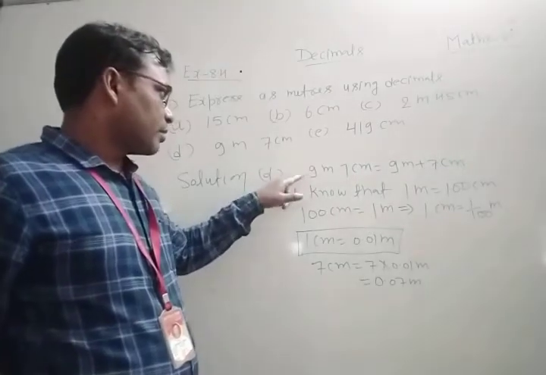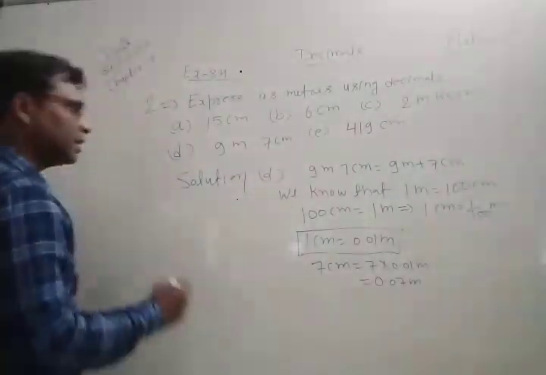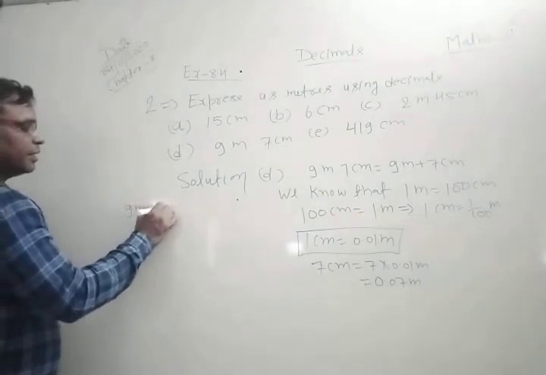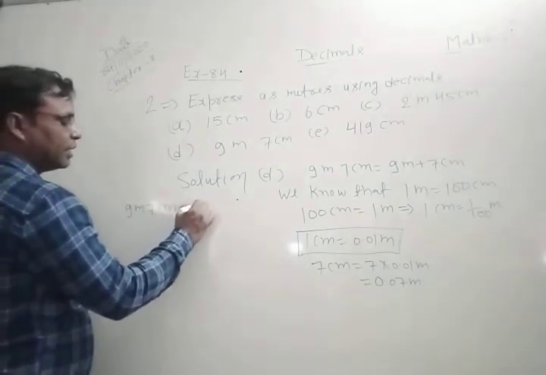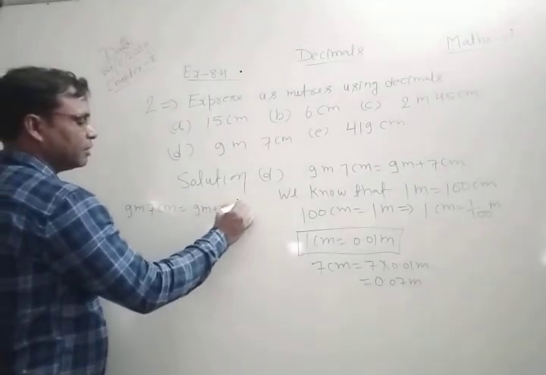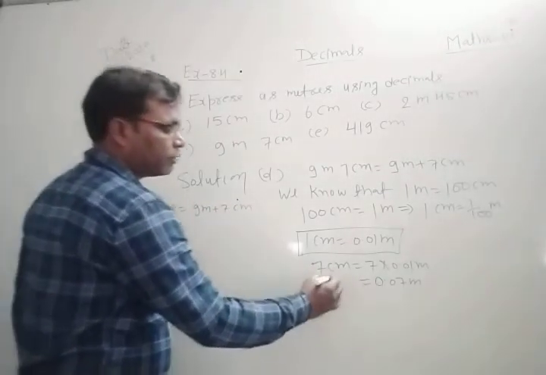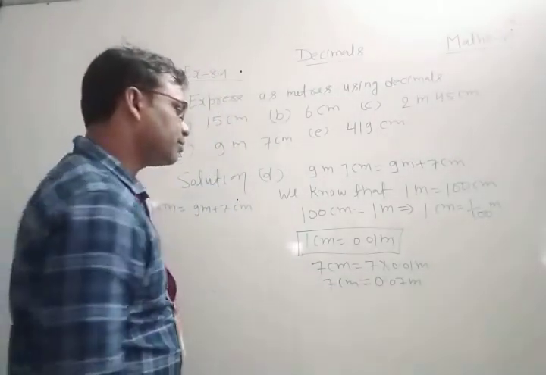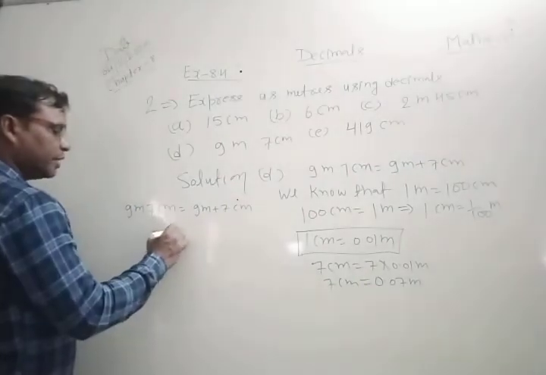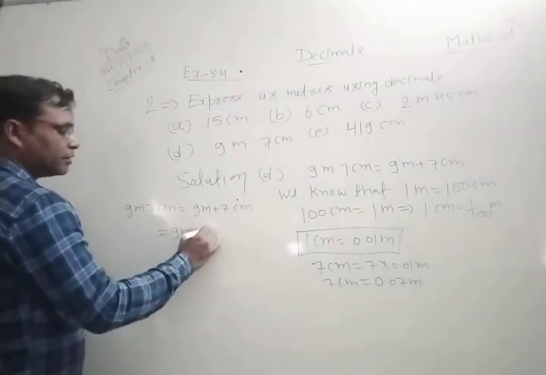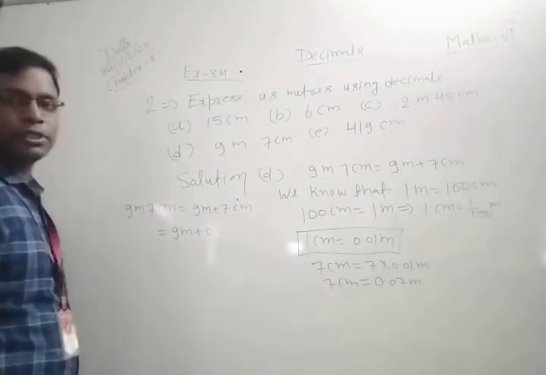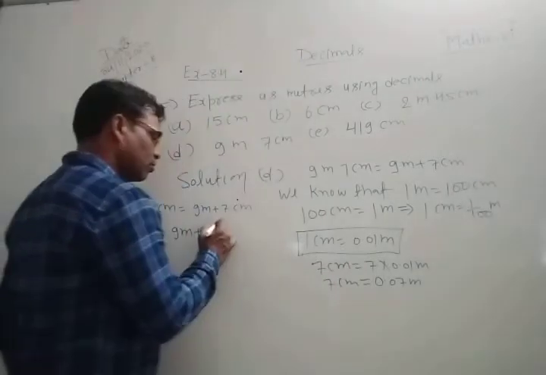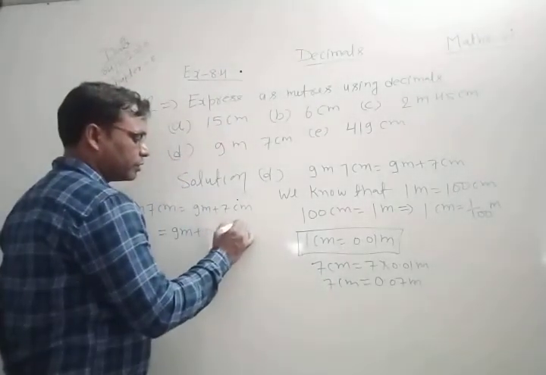So this part we can write like this: 9 meter 7 centimeter is equal to 9 meter plus 7 centimeter. But here you can see we convert 7 centimeter into meter, which is equal to 0.07 meter. So you can write 9 meter plus 0.07 meter.